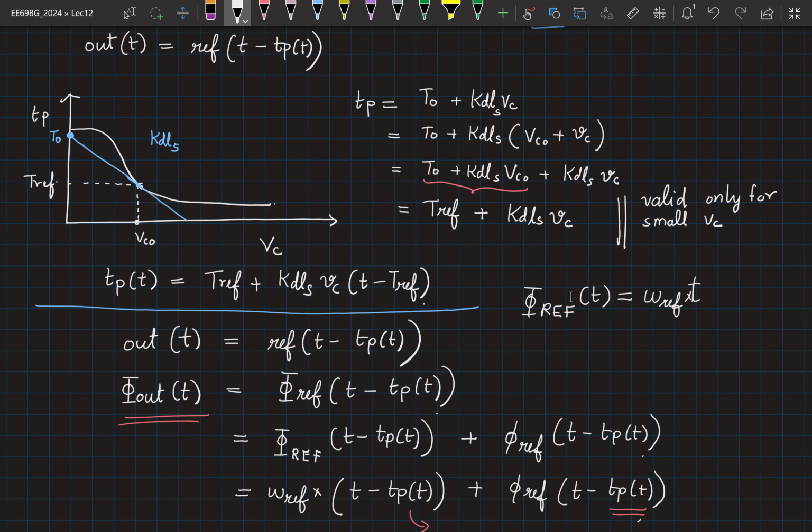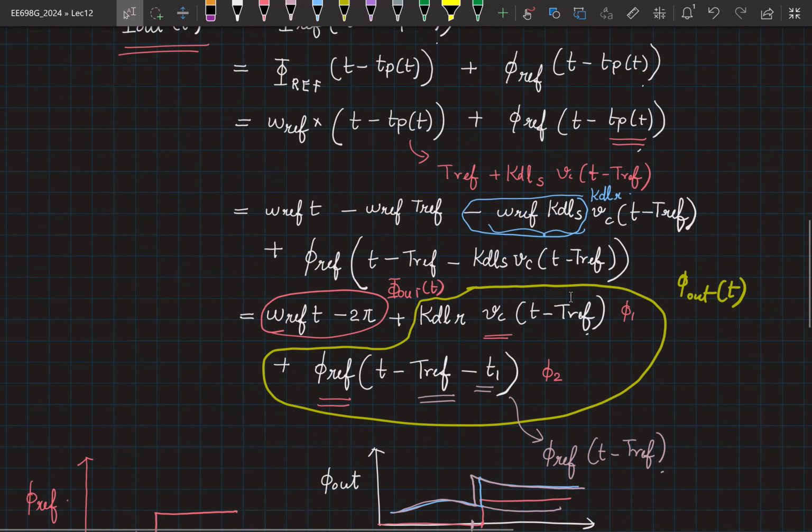If you have a large change in Vc, and you end up somewhere here, you will have to consider a different line for linearizing, passing through this point with the slope corresponding to that. So you will have a different T0 dash and a different value for KDLR. The operating point has to change. So the model is valid for small variations of Vc around the operating point.